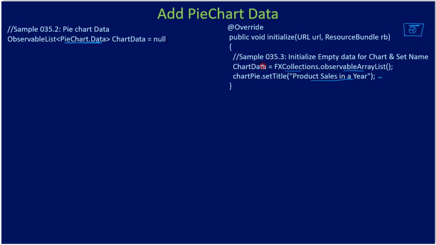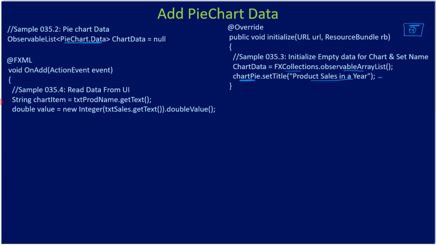Alright, in the initialize method we populated the chart data, then we set the title for our chart, and this chart, if you see, is the fx id we gave when we were designing our FXML. Next, in the add event, the FXML entry we already added.